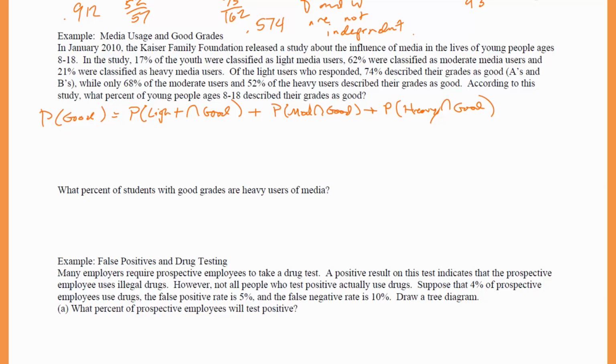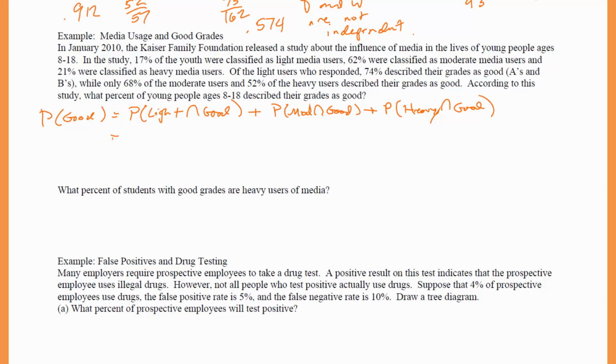And because all 3 of those cases are mutually exclusive, they cannot happen at the same time. It can't be a light media user and a moderate and a heavy one. Then we can add up those 3 probabilities to find the total probability of being good. But we were not given any of those 3 numbers directly either.